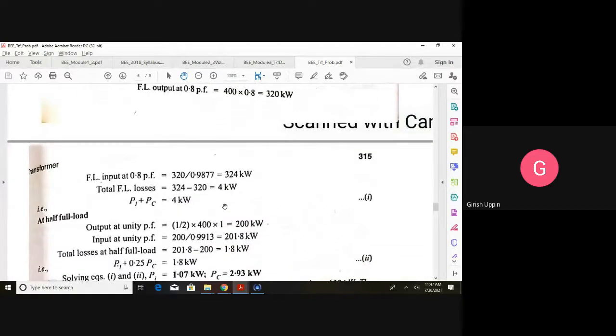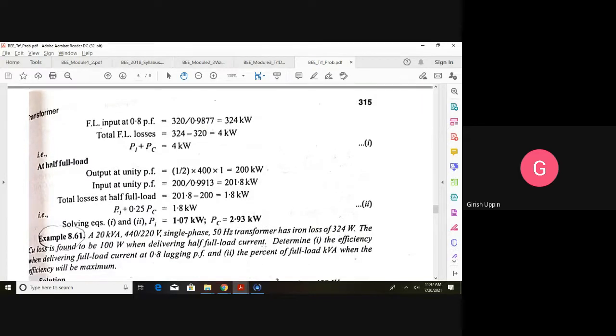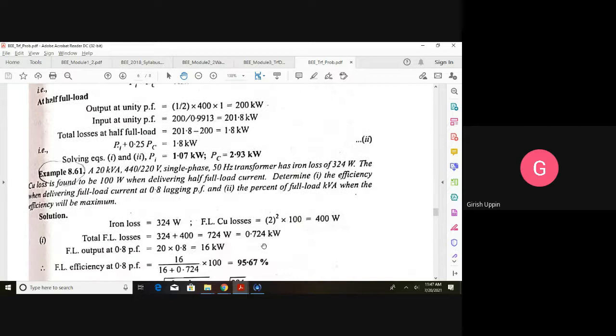Okay, so the first equation you get as Pi plus Pc is equal to 4000, and the second equation Pi plus 0.25 Pc is equal to 1800. And if you solve these two equations, you get the iron loss as 1.07 kilowatt, and copper loss as 2.93 kilowatt. So there will be similar kinds of easy problems that you can solve.